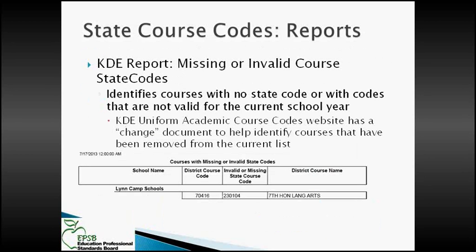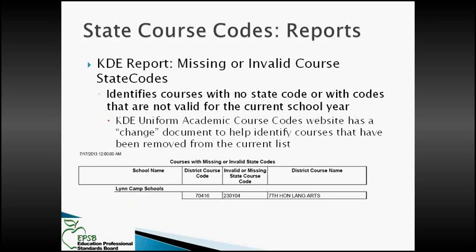For the missing or invalid course codes, some of these have rolled over since before we locked down the codes. There are still districts out there that have codes that have letters in them, which have never been valid. And those have been just rolling over, and those courses never get into the LEAD report. So you're missing big chunks of data from those. There are codes that get deprecated every year.